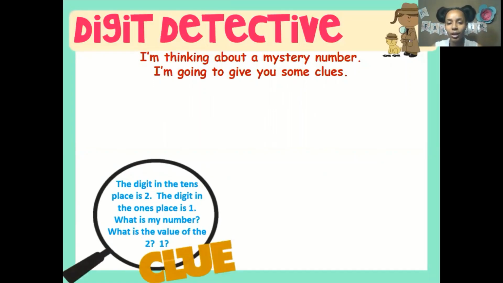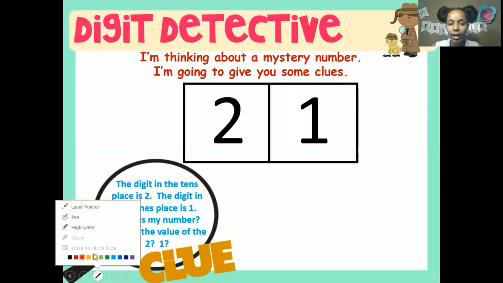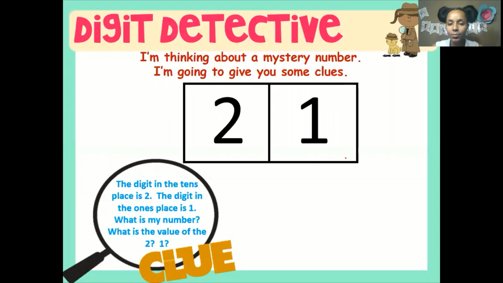Here's the clue. The digit in the tens place is 2, and the digit in the ones place is 1. What is my number? And what is the value of the 2? And what is the value of the 1? Well, if my digit in the tens place is 2, and my digit in the ones place is 1, then my number must be 21.